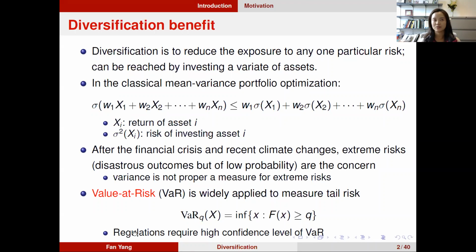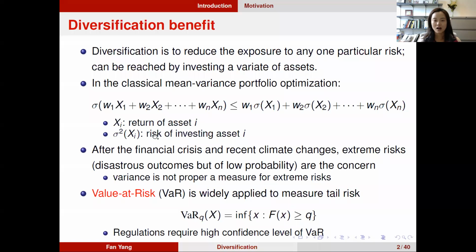Regulators for the insurance and banking systems also recommend using VaR, or other tail quantile-based risk measures, to determine the capital reserve. They usually require a high confidence level for VaR, which means q is usually required to be at least 95% or even 99% to evaluate the risk.